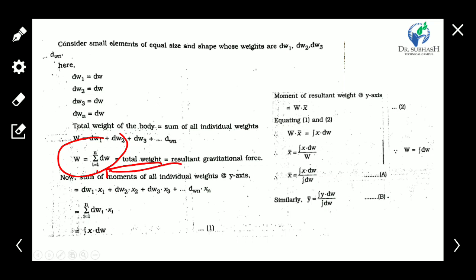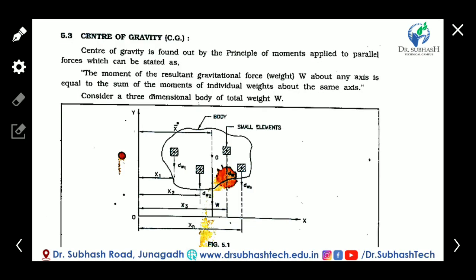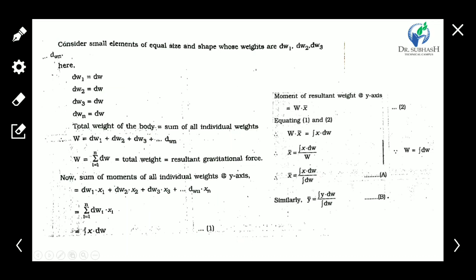So W is known as the total weight or resultant gravitational force. Now, the sum of the moments of all the individual weights about the y-axis. From the y-axis we can consider the moment of all the small weights. So for dW1, what is the first moment?